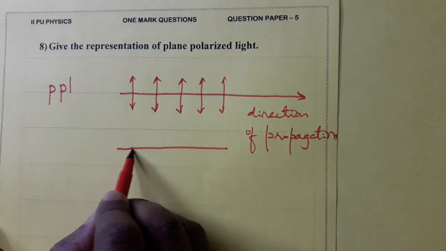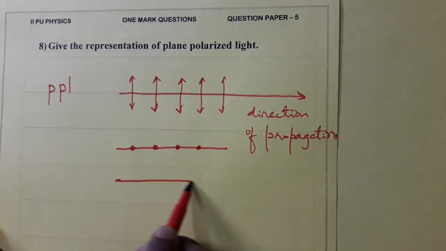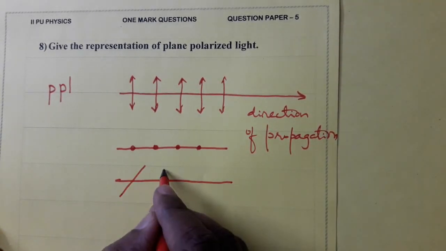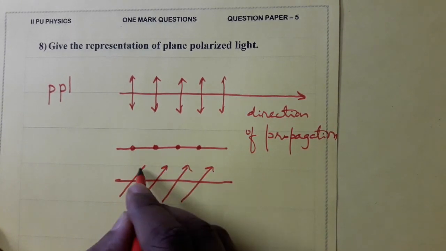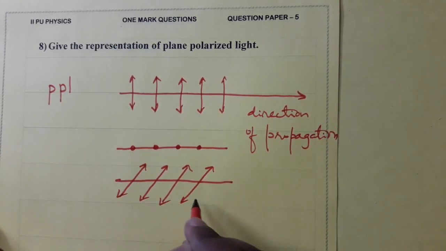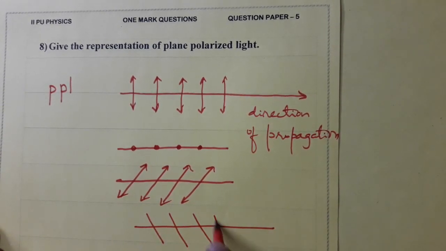This symbol is also used to represent plane polarized light, or the other way. This symbol can be used to represent plane polarized light.